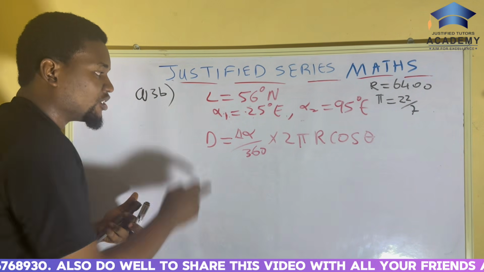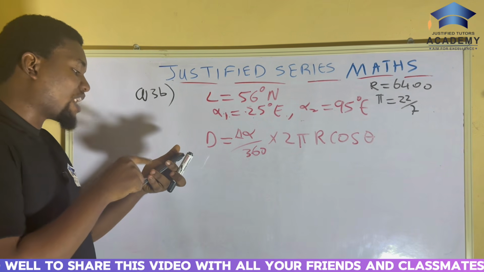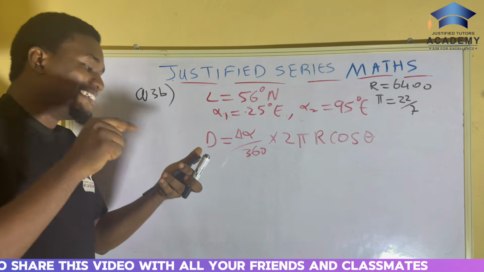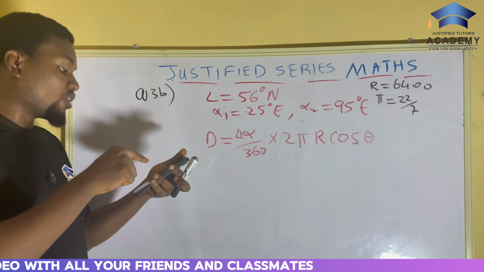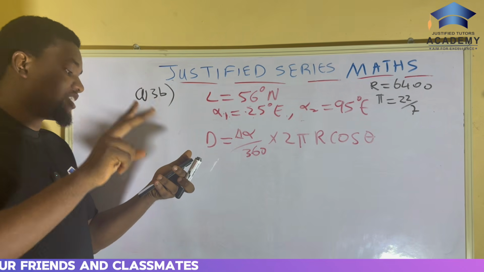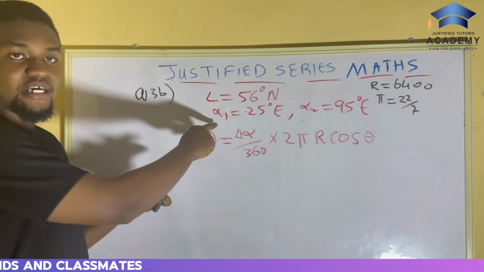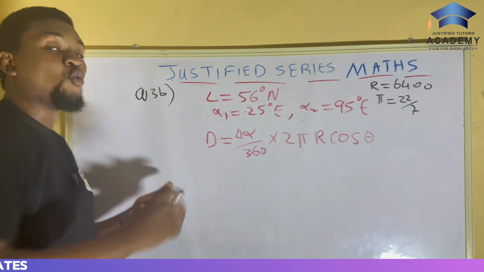Now, how about this one? This one is the formula I gave you guys earlier under distance between two places on the same latitude. This formula you use. Because they are on the same side, that is why we'll be subtracting.